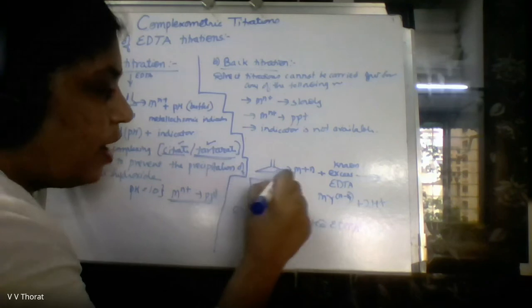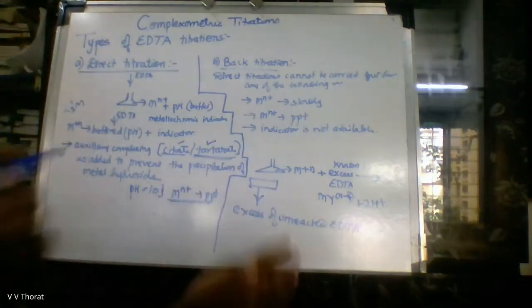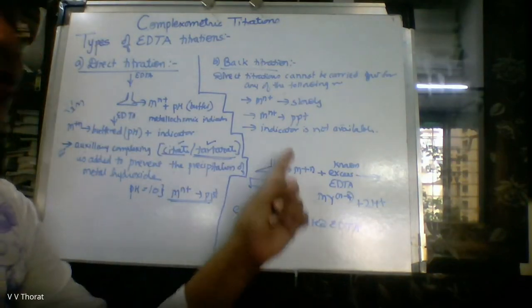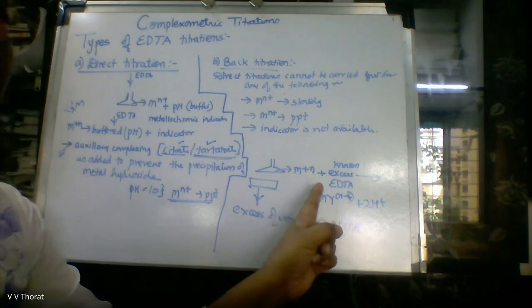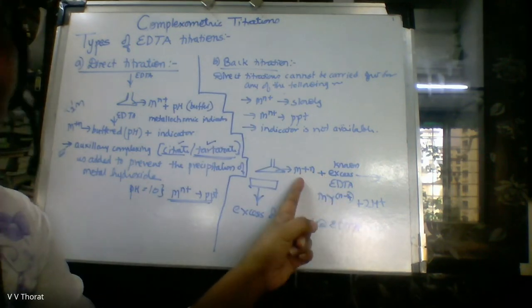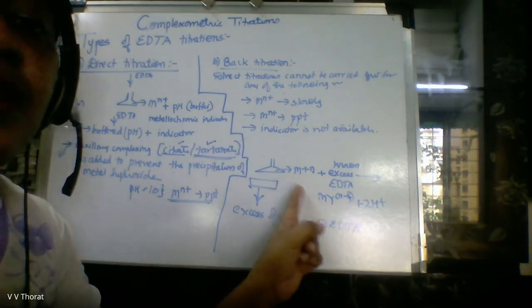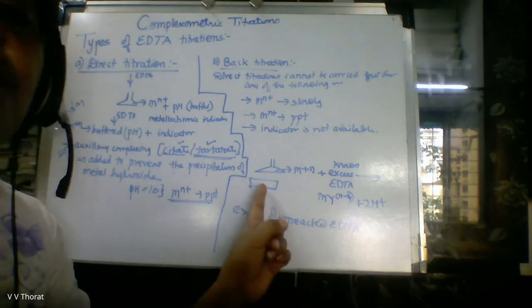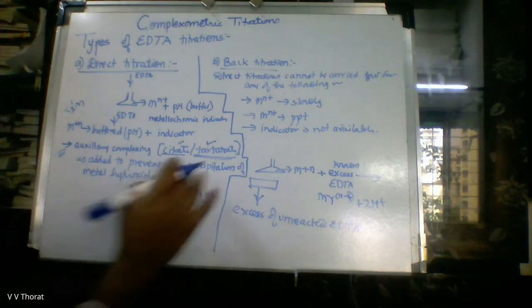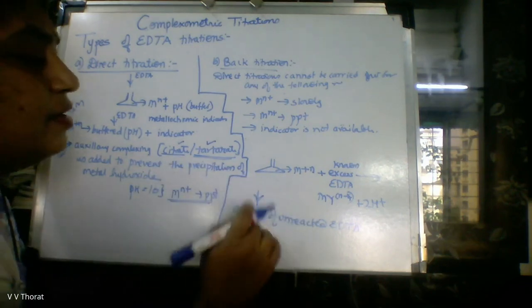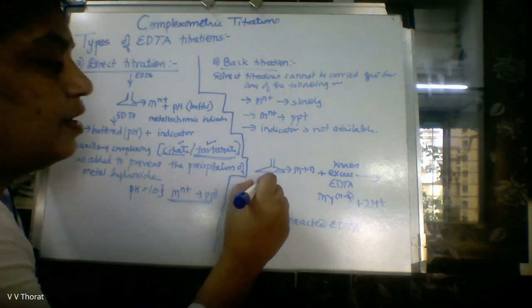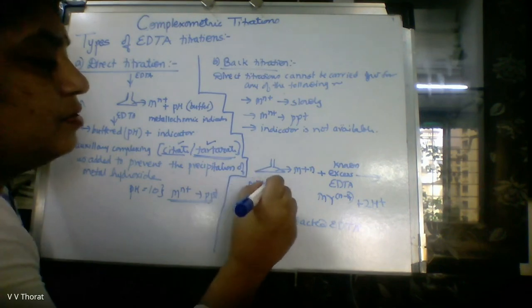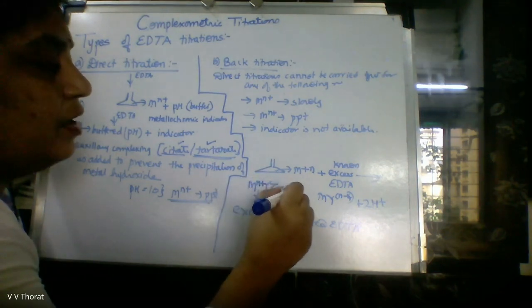अभी मुझे बोलो, I will titrate. सी conical flask में मैंने metal ion लिया है, उसमें ज्यादा EDTA डाला है. जितना metal ion, EDTA will react. Remaining EDTA I will titrate against a metal ion solution. This is important. The excess EDTA I will titrate against metal ion solutions such as zinc sulfate.